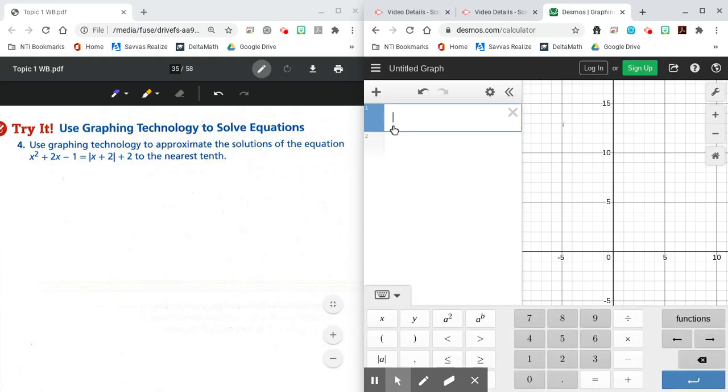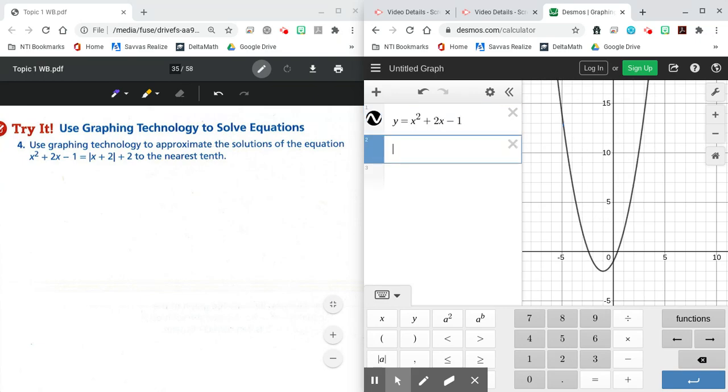So I'll graph each side of the equation. y equals x squared plus 2x minus 1. Then I'm going to graph y equals the absolute value of x plus 2, plus 2. And I notice that there are 2 intersections.